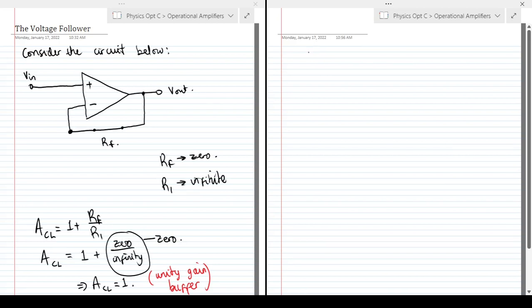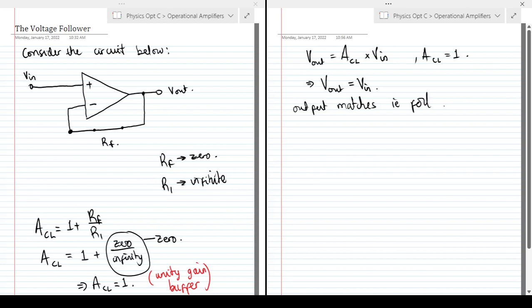Now, if I look at the transfer equation for this particular circuit, of course Vout will be closed loop gain multiplied by Vin. And if your closed loop gain in this case is 1, so closed loop gain is unity, that means Vout is equal to Vin, right?